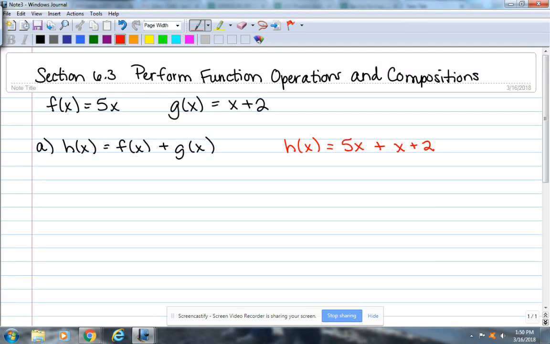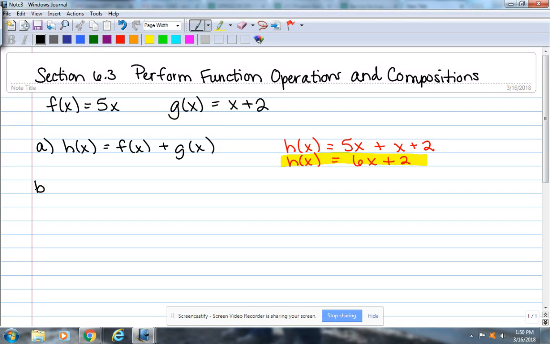Here's my g of x. Just add them together. So you just combine like terms. What's 5x plus x? So h of x is going to be 6x plus 2. There it is. That's all you do. Take the two functions and add them together.